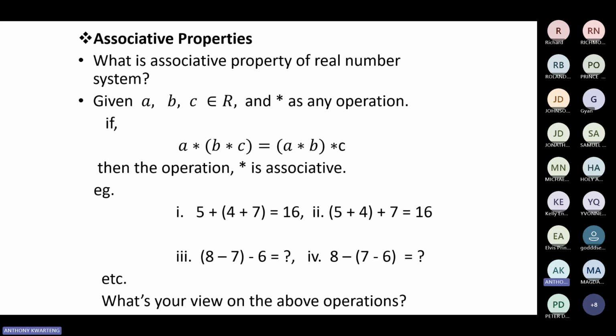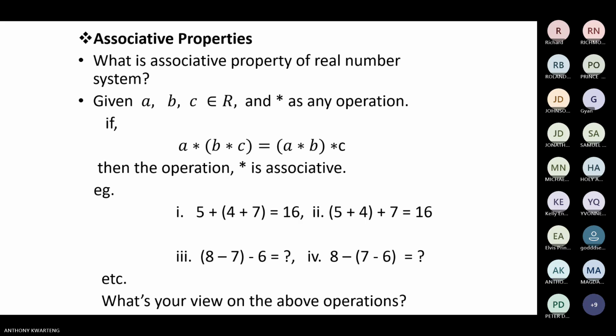Now let's look at associativity. If I have 3 numbers, termed A, B, C, and 2 operations that are the same, this operation can be addition, subtraction, and so on.